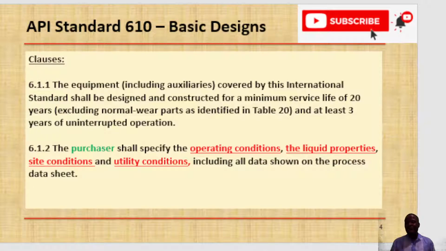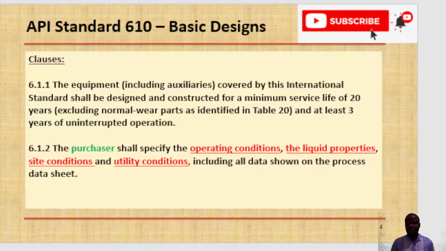It is mandatory that the pump designed as per API 610 should have a minimum service life of 20 years, excluding the normal wear parts as identified in table 20 of API 610. Table 20 contains a list of recommended spare parts for startup and normal maintenance, such as wear rings, bearings, mechanical seals, packing, shaft sleeves, oil filters, gasket shims and O-rings.